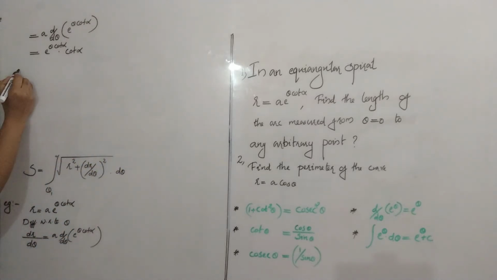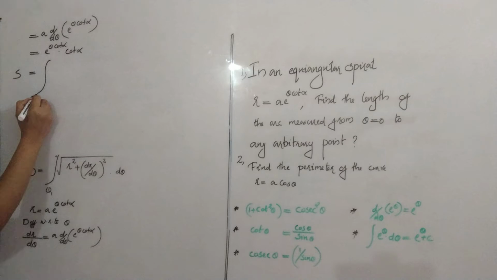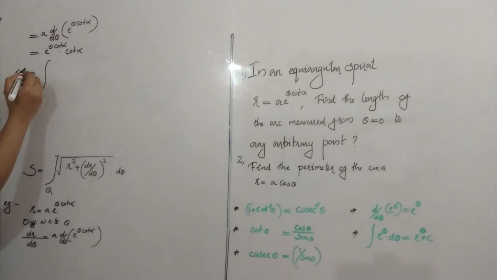Now S is equal to integral. Here the limits vary from theta is equal to 0 to any arbitrary point. That is, we can take it as theta.